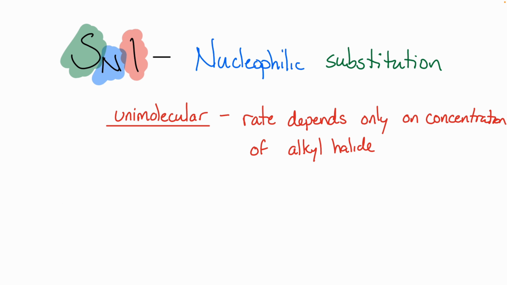The nucleophile is there, don't get me wrong, the nucleophile is essential for the reaction to occur, but it's only the alkyl halide that is involved in the rate limiting step. Say only one compound in the rate limiting step.